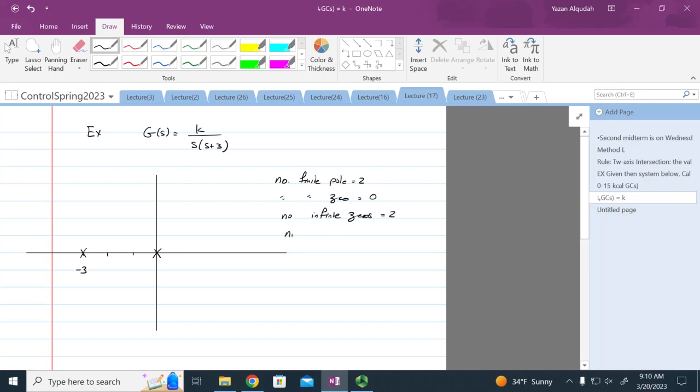Number of asymptotes: how many asymptotes are we going to have? 2. And the intercept for the asymptotes, we add the poles, 0 minus 3, minus 0, divided by 2 minus 0, which is negative 1.5.